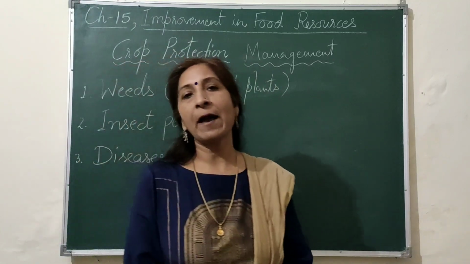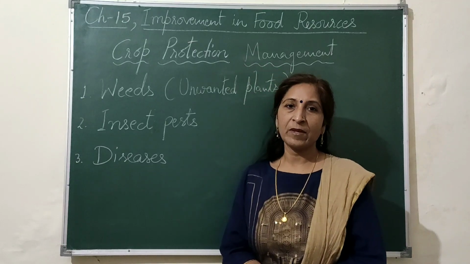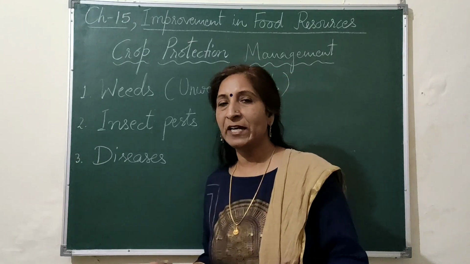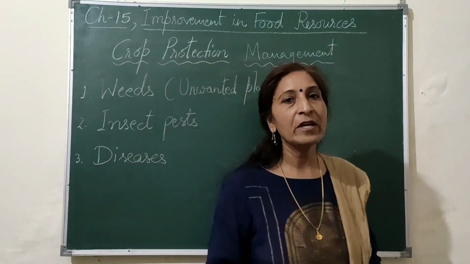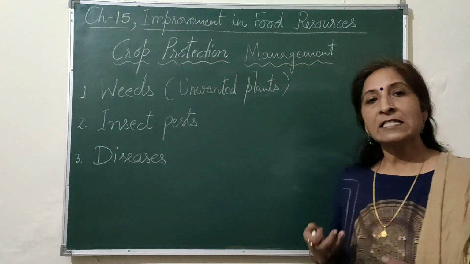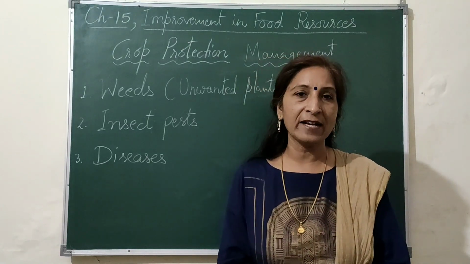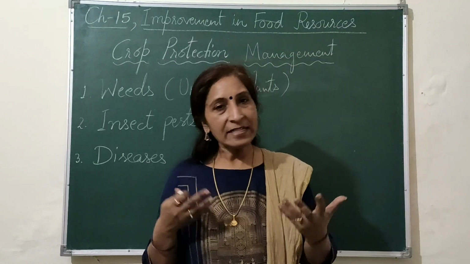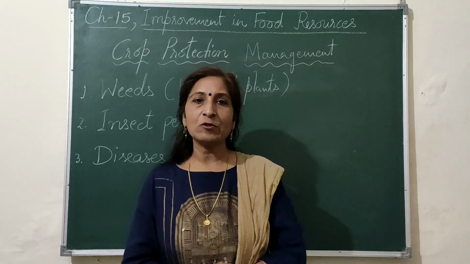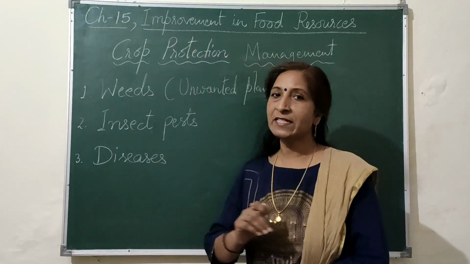The same thing happens in big fields or the farms of the farmers. Whenever they are growing any crop, it may be a vegetable crop, sugarcane crop, or wheat crop, sometimes they see that some wild plants or grasses are growing along with it, and these unwanted plants are called weeds. Weeds are also plants and they are absorbing water and nutrients from the soil, and crops also need the same thing.